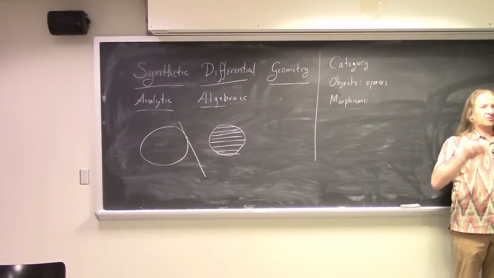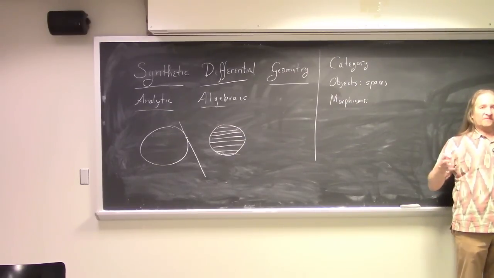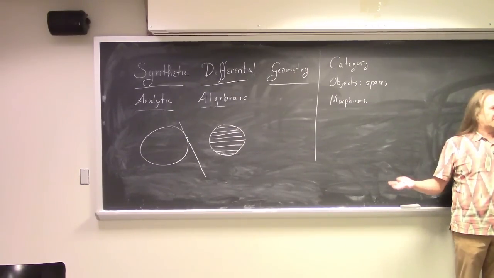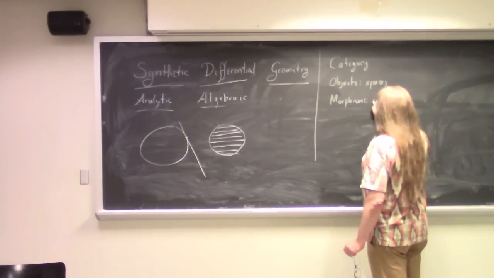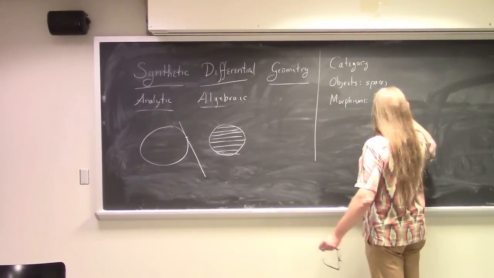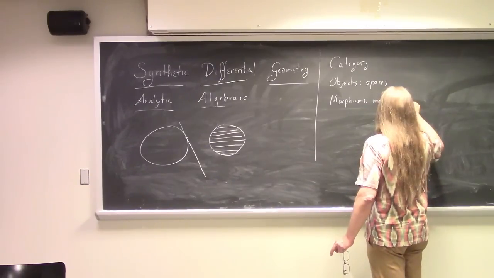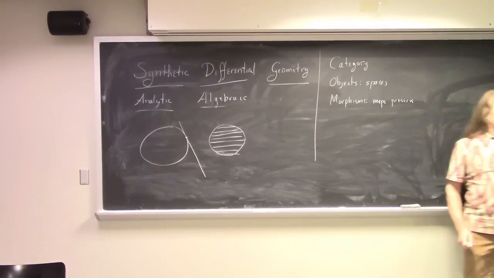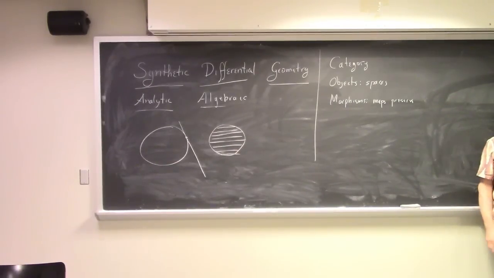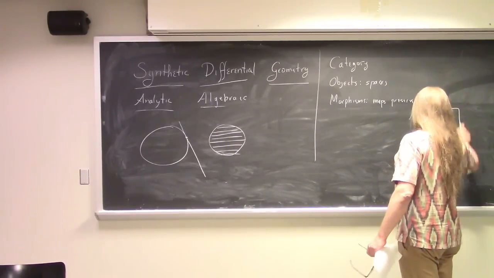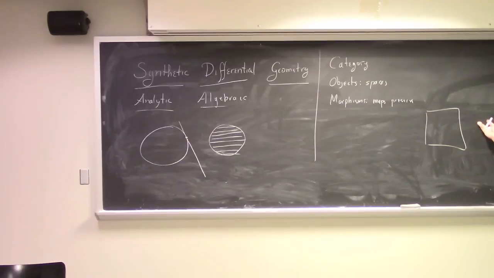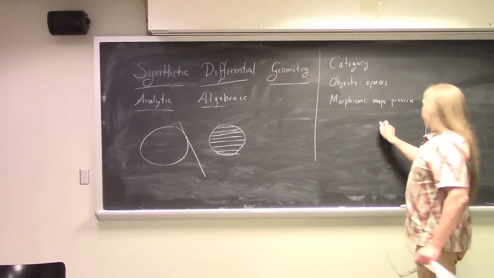And what types of maps depends on what type of geometry I'm doing. So for example, if I'm doing Euclidean geometry, I want my morphisms to be maps which preserve the Euclidean distance. So maps that somehow preserve whatever the relevant structure is. And now, using this, I can do my Euclidean geometry. So for example, a simple example might be, let's say I start with a plane in Euclidean geometry.